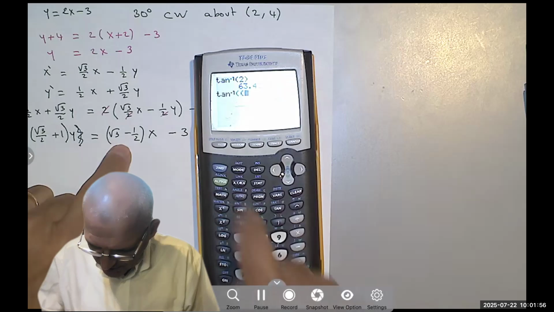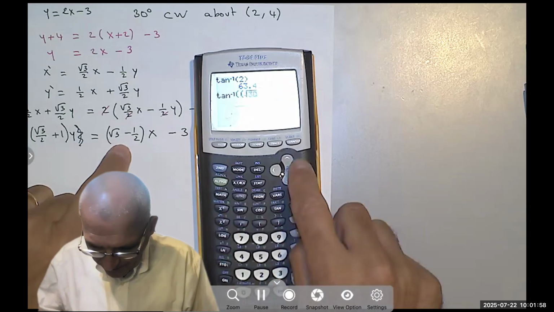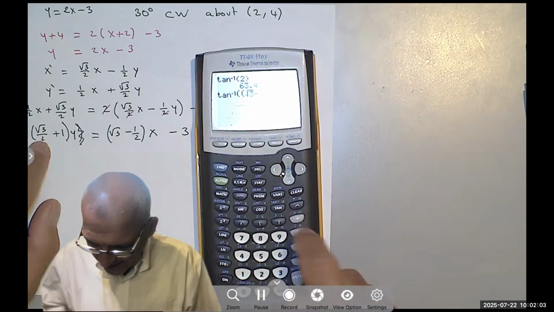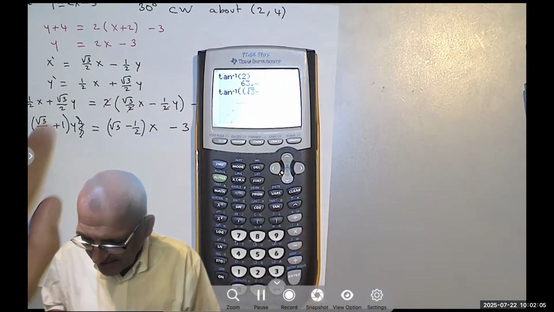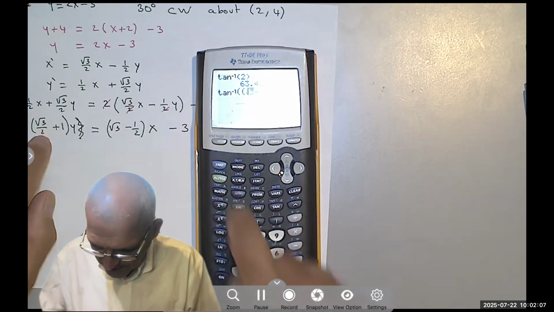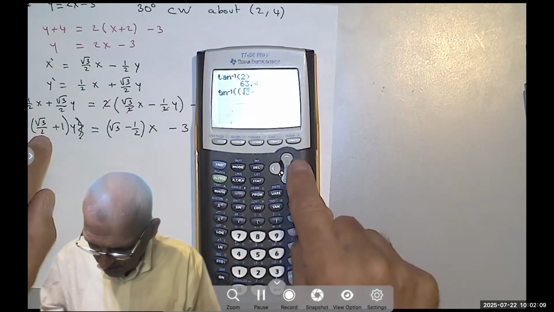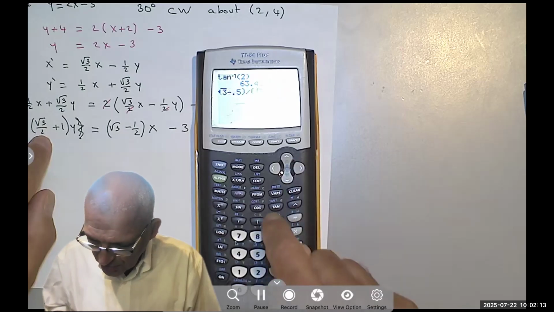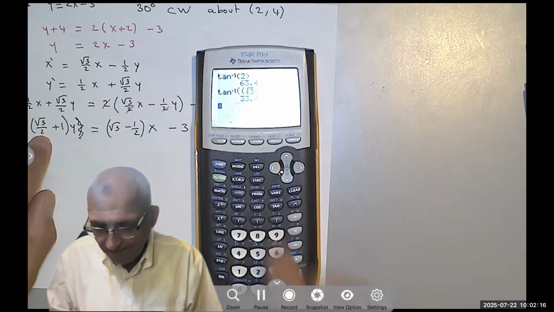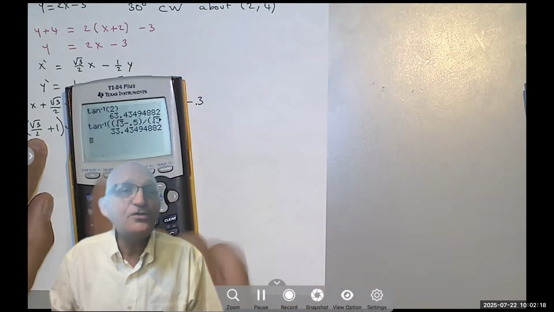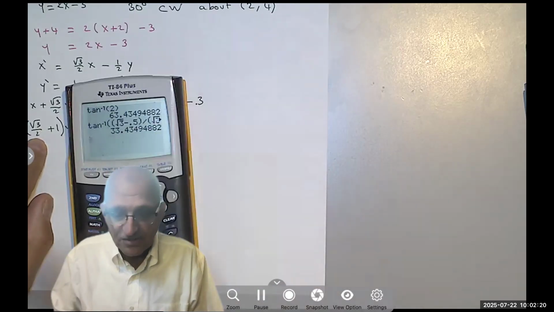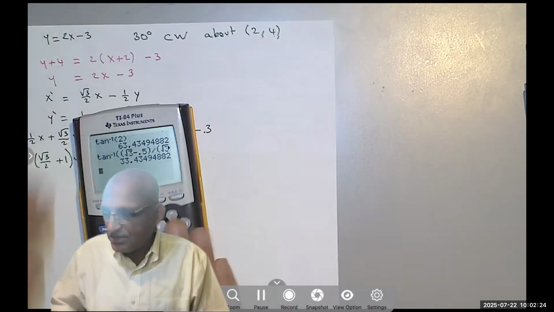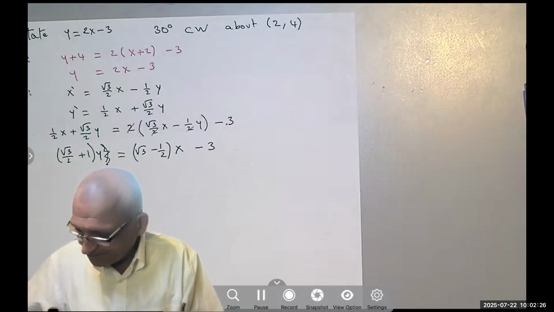The numerator is the square root of 3 minus 1/2 divided by, because I'm going to divide the whole equation by that, open parentheses, square root of 3 over 2 plus 1, close. Yeah, exactly. 33.4. It decreased by 30 degrees. The angle was 63. I rotated clockwise 30 degrees, so I should be fine.